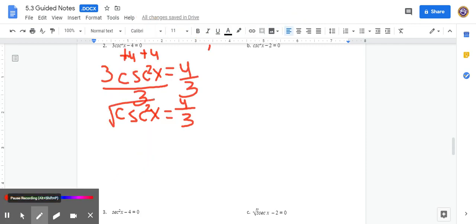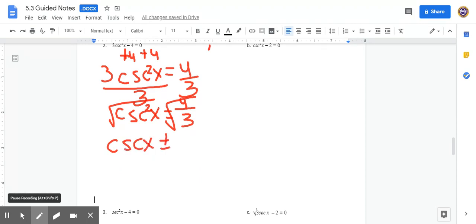So when I square root both sides, keep in mind you always end up with plus and minus. The square root of 4 is 2, and the square root of 3 is not a perfect square, so I'm left with the square root of 3. So the cosecant of x equals positive and negative 2 over root 3.